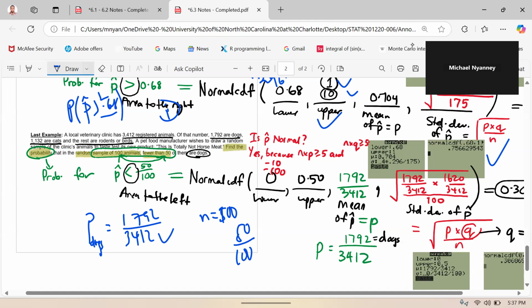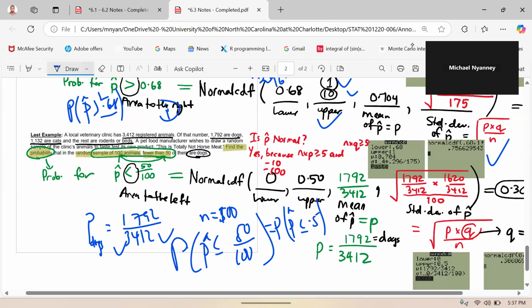So now you focus on dogs. We use the population parameter P and you focus on the sample size 100. Then we find the probability that P hat is less than 50 over 100, which is the same as the probability that P hat is less than or equal to 0.5.